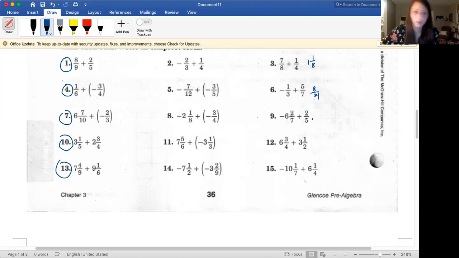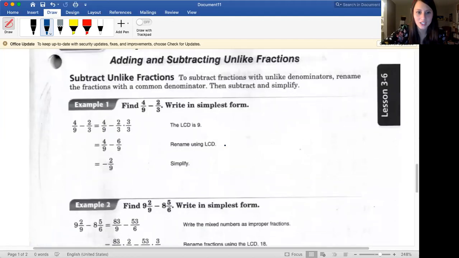So if you are not feeling super comfortable, then do these practices. 25 over 20 there.